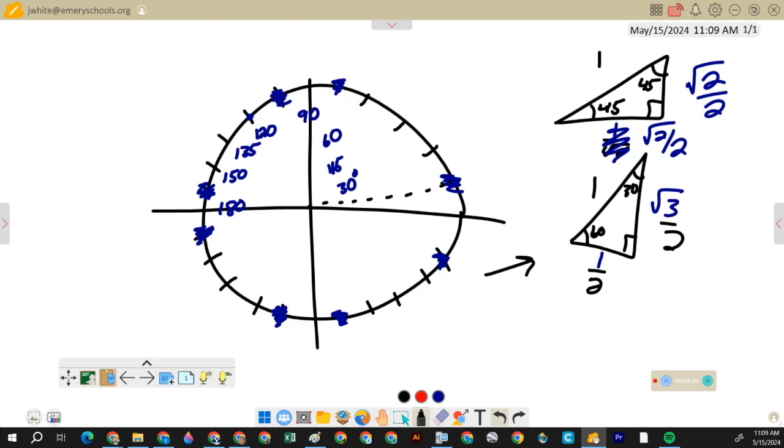And then we skip 195. And we get, oh, wait, no. It's 210. Those aren't the numbers I wanted.